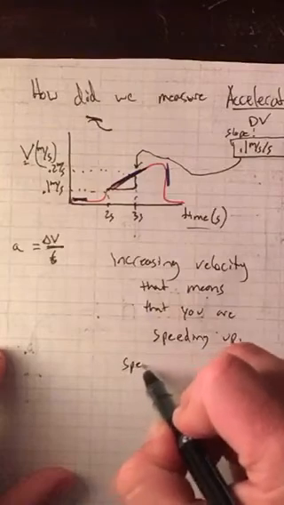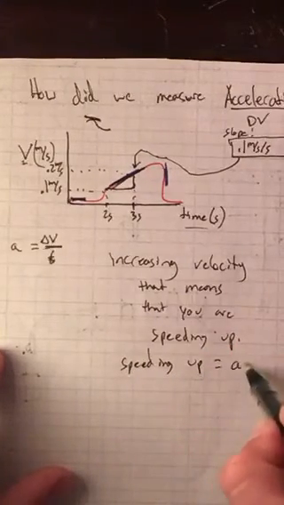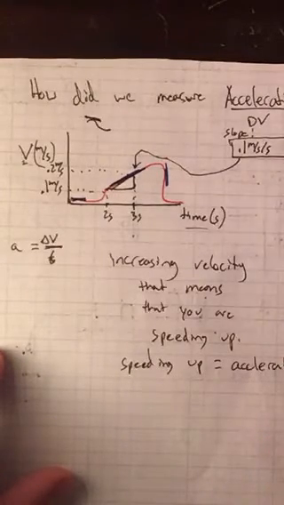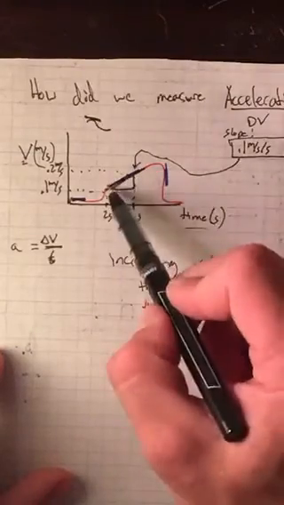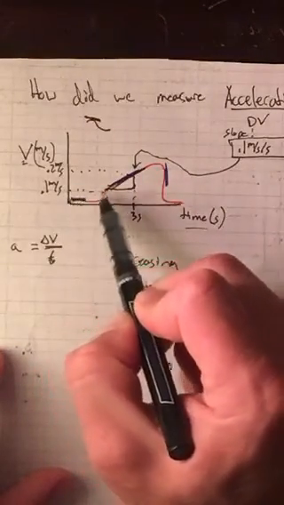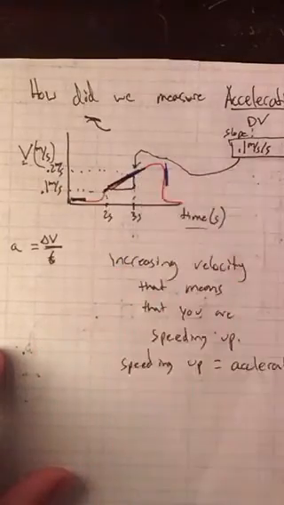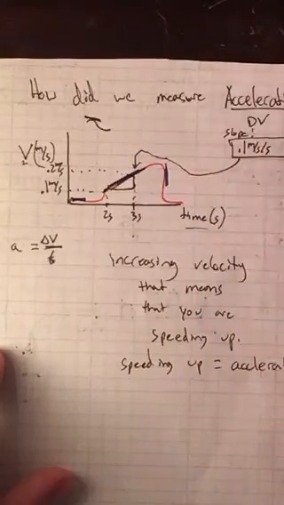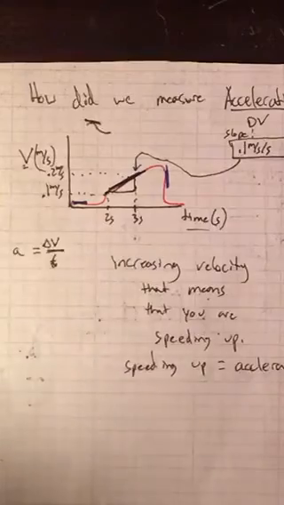And remember, speeding up, well, that's the same thing as accelerating. If you're increasing your velocity, that means you're going from a slower velocity, right here it's 0.1 meters per second, to a faster one. You're increasing your velocity here to 0.2 meters per second. And if you increase your velocity, that's your acceleration. That's your speeding up. Okay, I'm gonna ask you some questions about that.